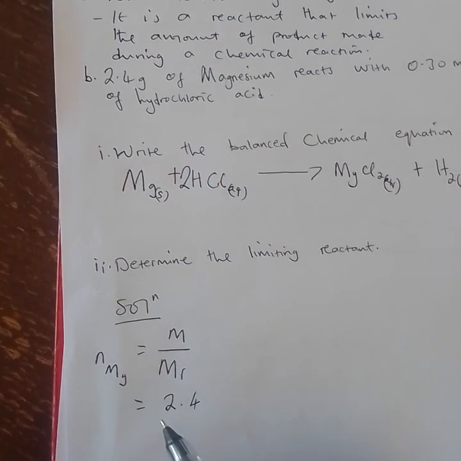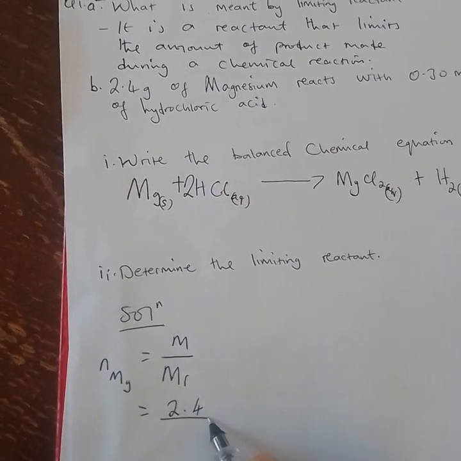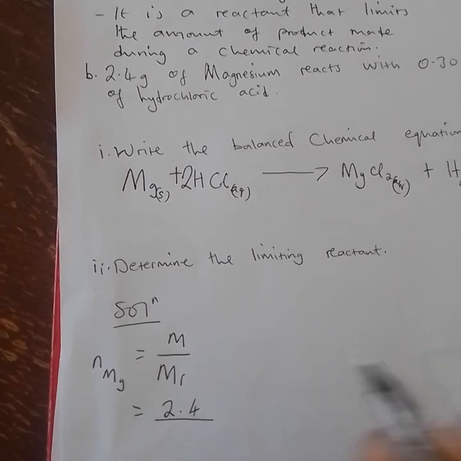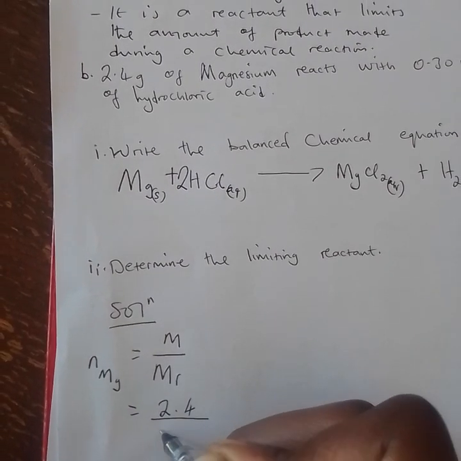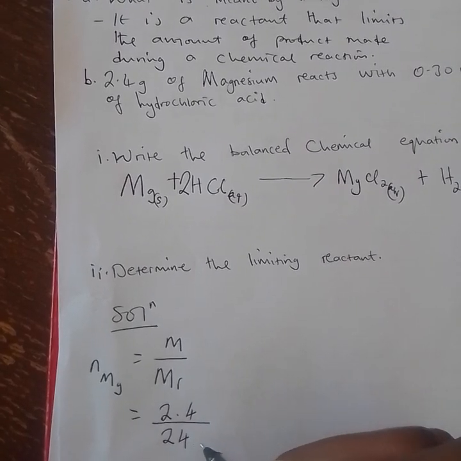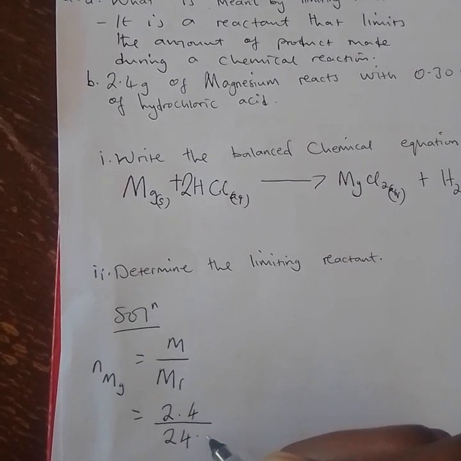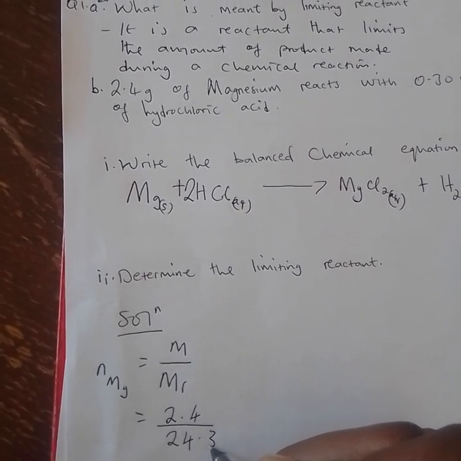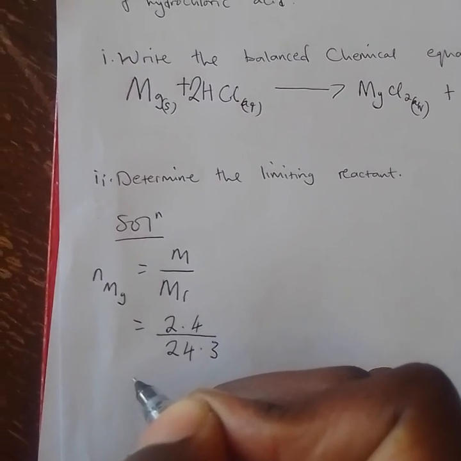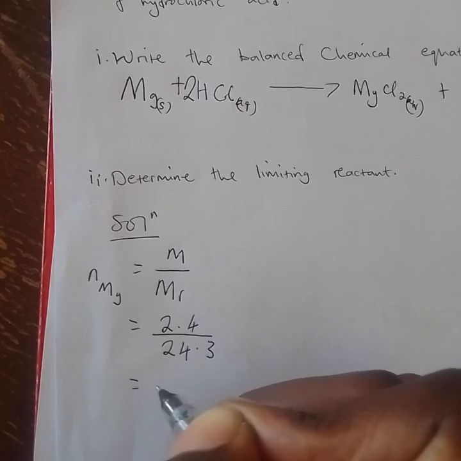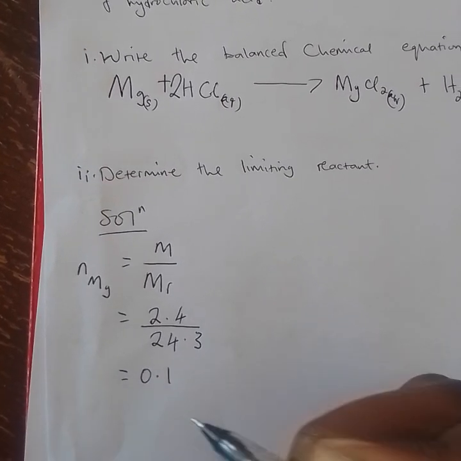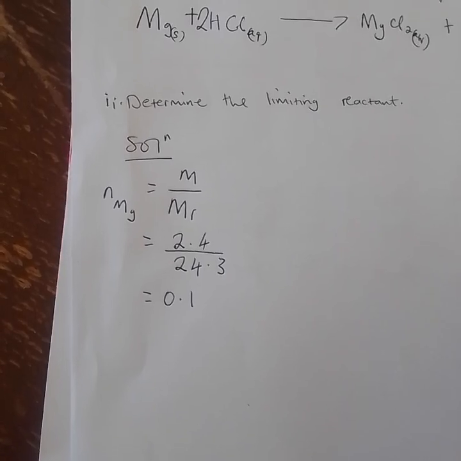The molar mass you check on the periodic table: go to where magnesium is, and you'll find that it is 24.3. When you punch it in a calculator, you find that the number of moles of magnesium is 0.1.